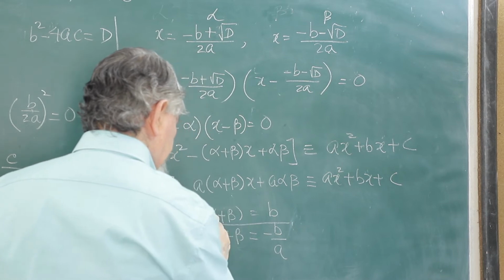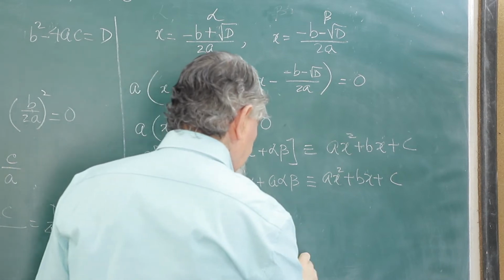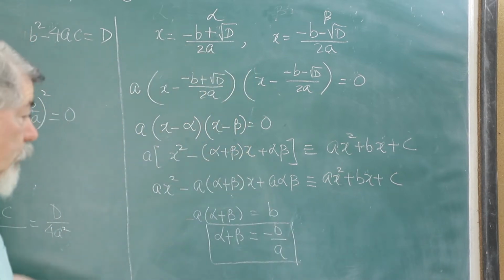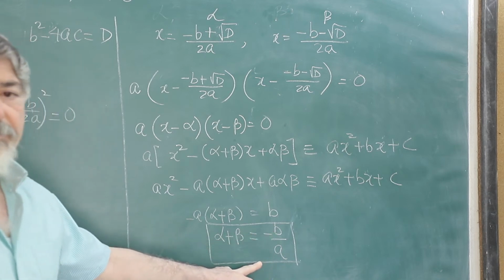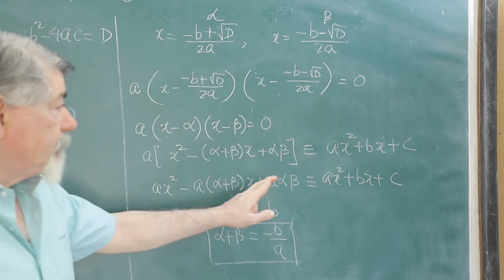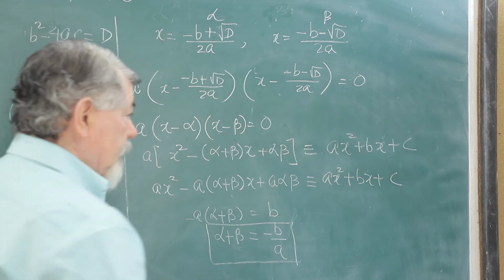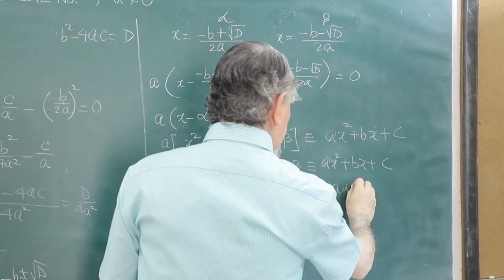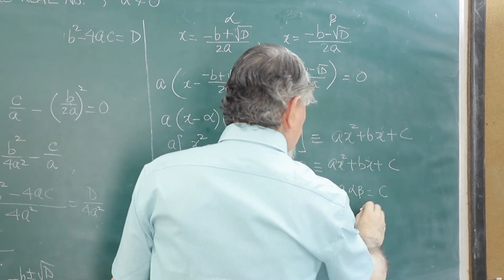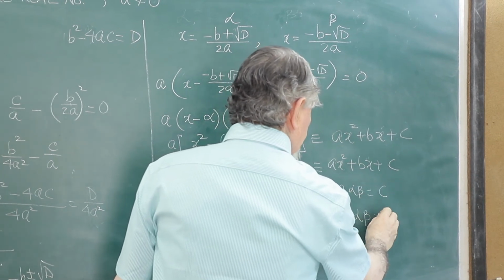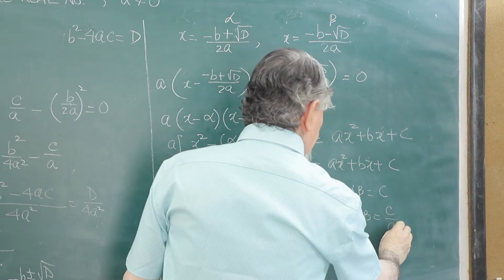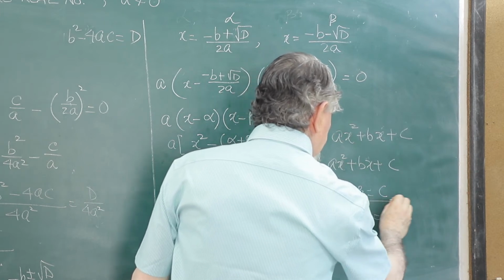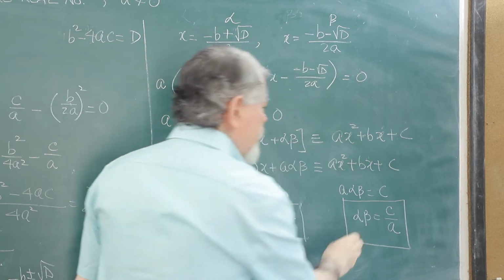This is one equation. This is the sum of the roots. Sum of the roots is equal to minus b upon a. Similarly, if I compare the constant terms, a alpha beta is equal to c, or alpha beta will be equal to c upon a. This becomes the product of the roots.